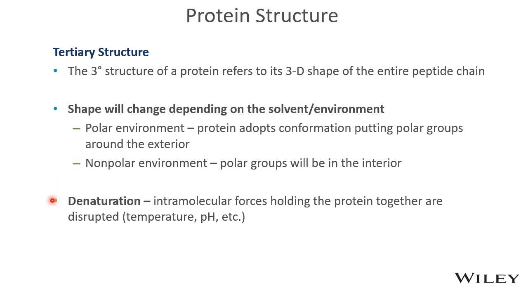The term denaturation is when the intermolecular forces, or the forces within the protein that hold it together, are disrupted. This can occur in extreme temperatures, in different pHs, etc. So proteins are very particular about the environments that they are placed in.